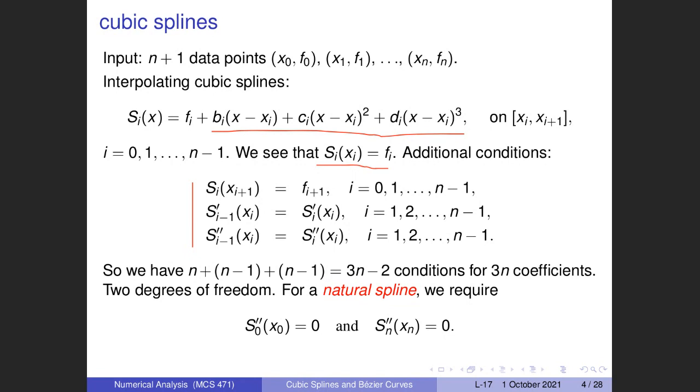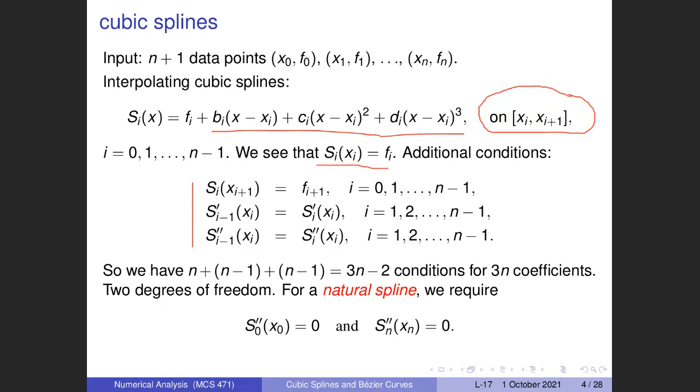And what I should have emphasized here too, the ith spline is living on the interval xi to xi plus 1. So we have the condition at the left, and then we have the extra condition that is imposed by looking at the right. So there is one extra interpolation condition, and we have then the concavity and slope conditions.